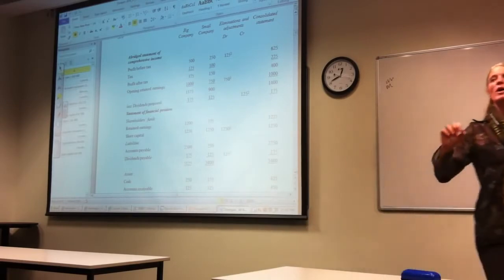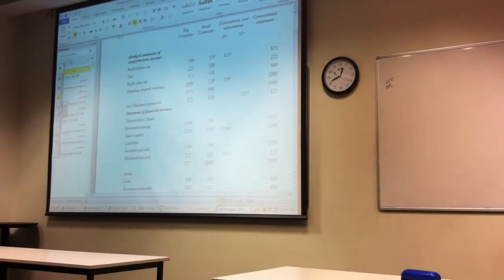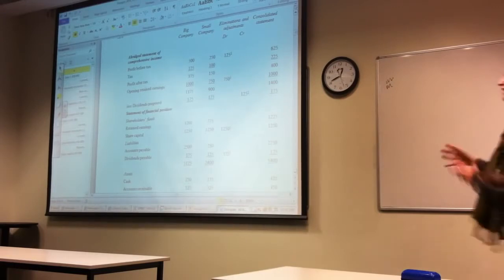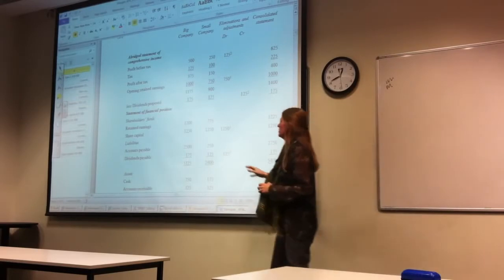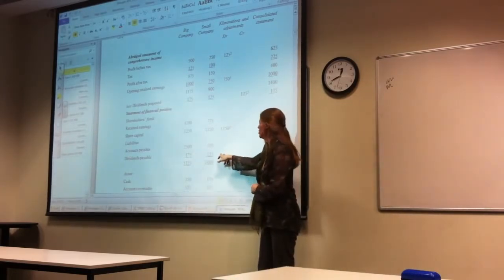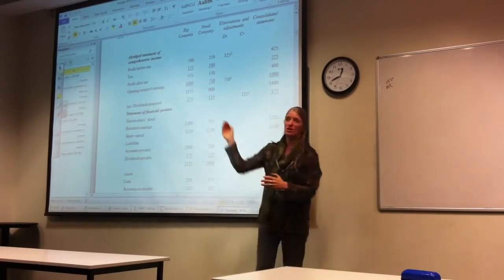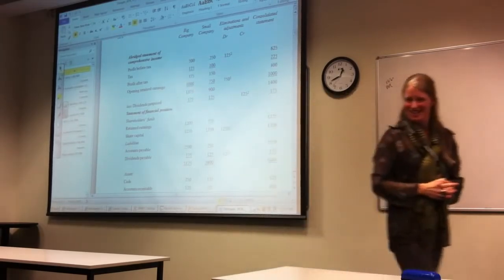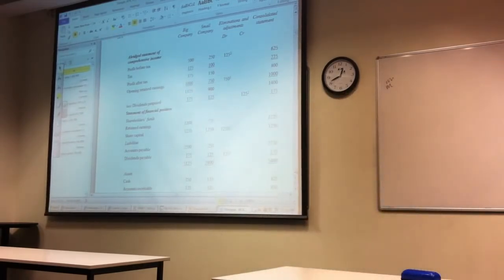So we eliminate the dividends which are payable by Small Company because they are going to Big Company. Any transactions taking place between these two will be eliminated, which is why we eliminate the 125, which is going to go to Big Company. Okay, and we end up with dividends payable for the group, in other words, dividends that are payable outside of the group, of 175.